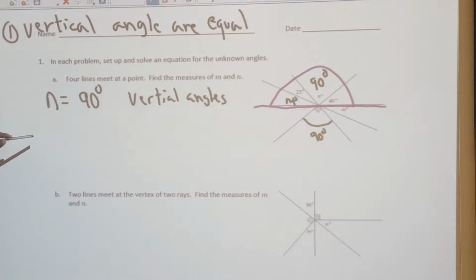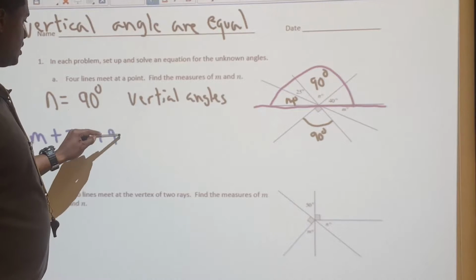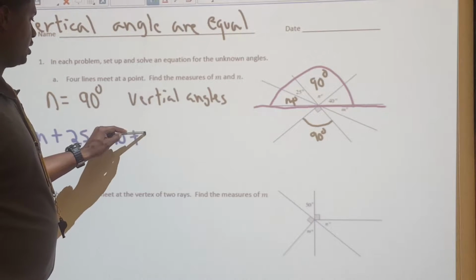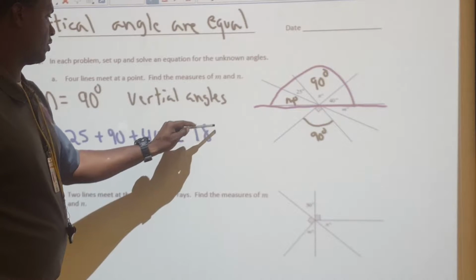So I have M plus 25 plus 90 plus 40 equals 180 degrees.